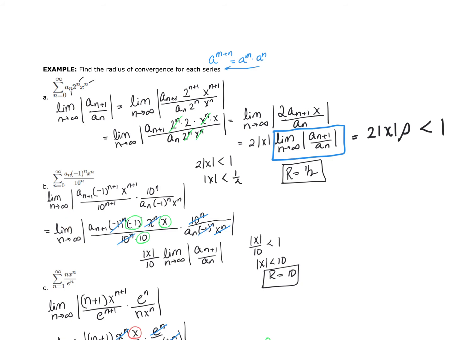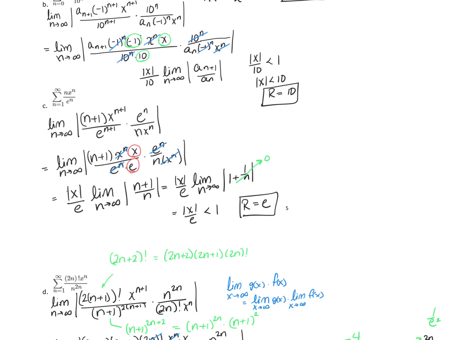It only asks for the radius, but I wanted to do the interval of convergence, at least on C. So with the interval of convergence, I know my radius of convergence is e. My a is 0. So my interval of convergence, what I think it might be, is from negative e to e, non-inclusive. Now I have to actually check both endpoints to determine whether or not one or the other or none of them are going to be included in my interval of convergence.